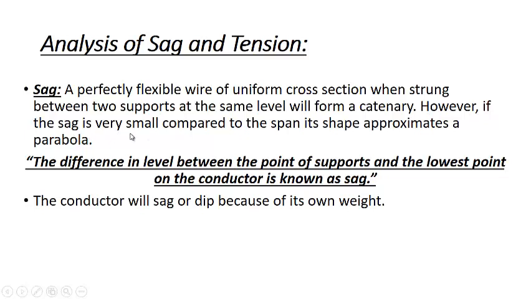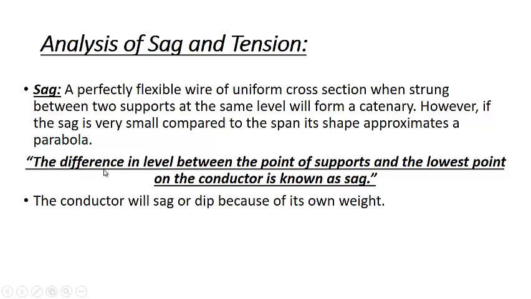However, if the sag is very small compared to the span, which is the length between the two supports, its shape approximates a parabola. So in that case, we'll approximate its shape as a parabola and we can solve this by using the parabolic equations. So this is the introduction to sag and its definition.